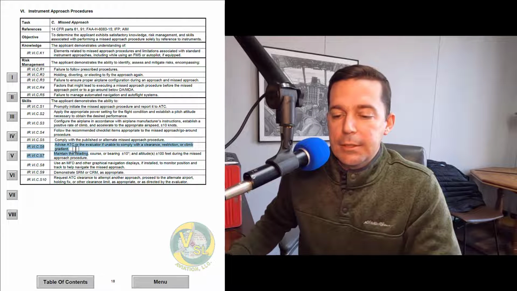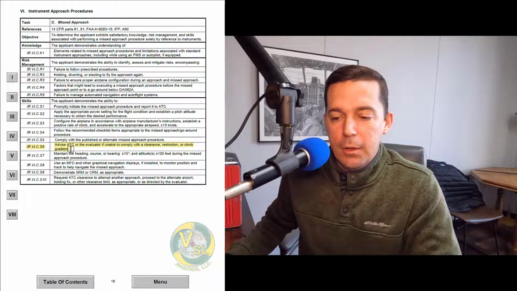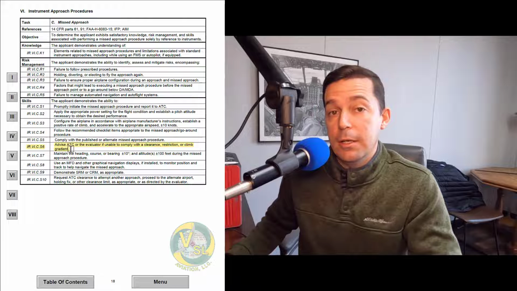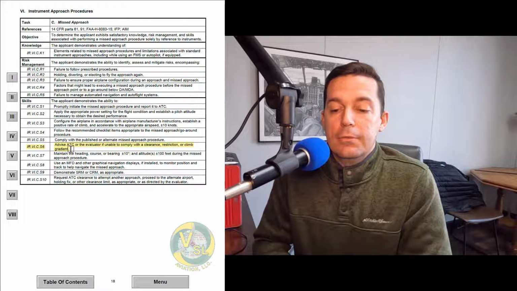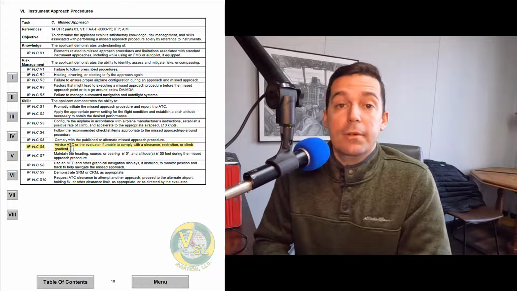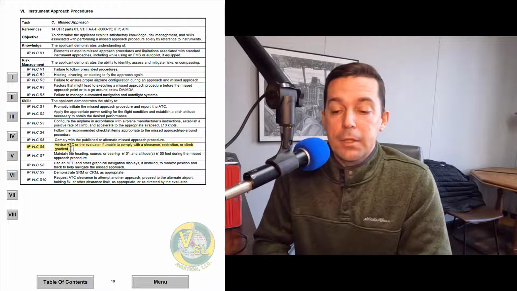Skill 6, advise ATC or the evaluator if unable to comply with restrictions or climb gradient. It's interesting that it mentioned climb gradient there. So if I give you, maintain 700 feet a minute climb rate, you need to advise me if you can't do that.